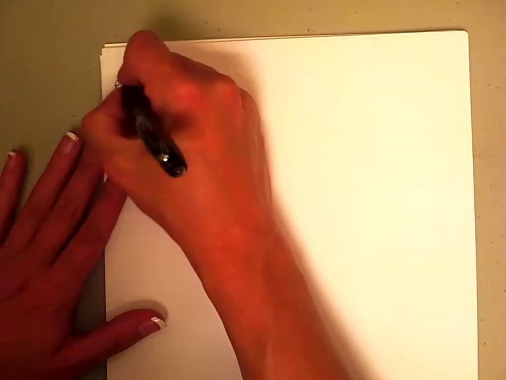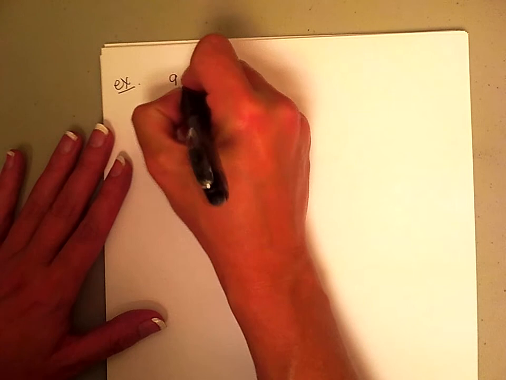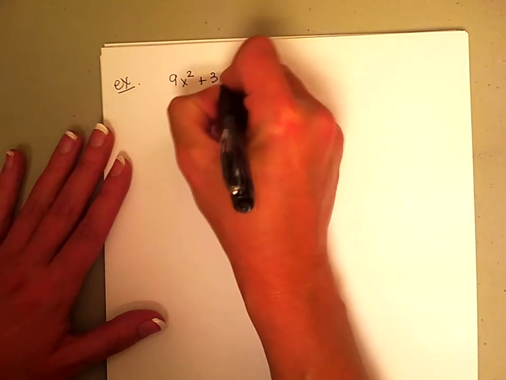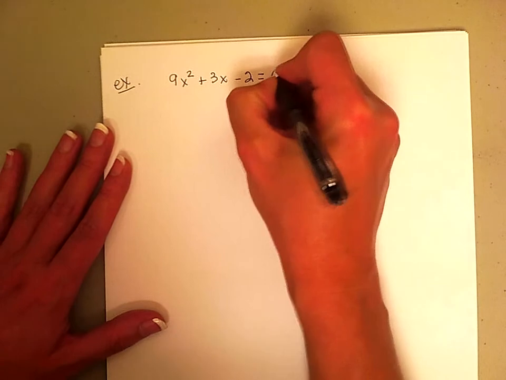Okay, let's do one more with that. For example, 9x squared plus 3x minus 2 equals 0.